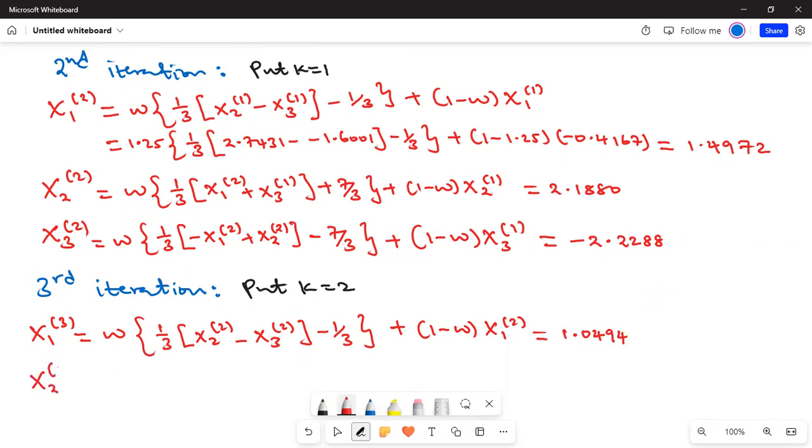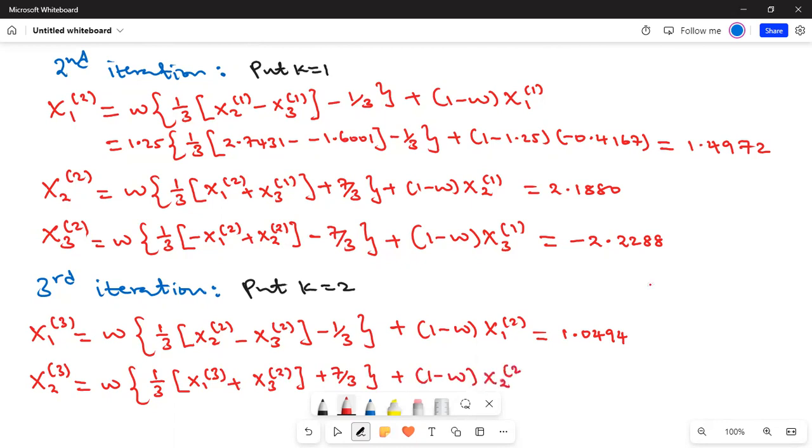x2 at level 3 is equal to omega 1 over 3 times x1 at level 3 plus x3 at level 2 plus 7 over 3 plus 1 minus omega x2 at level 2.